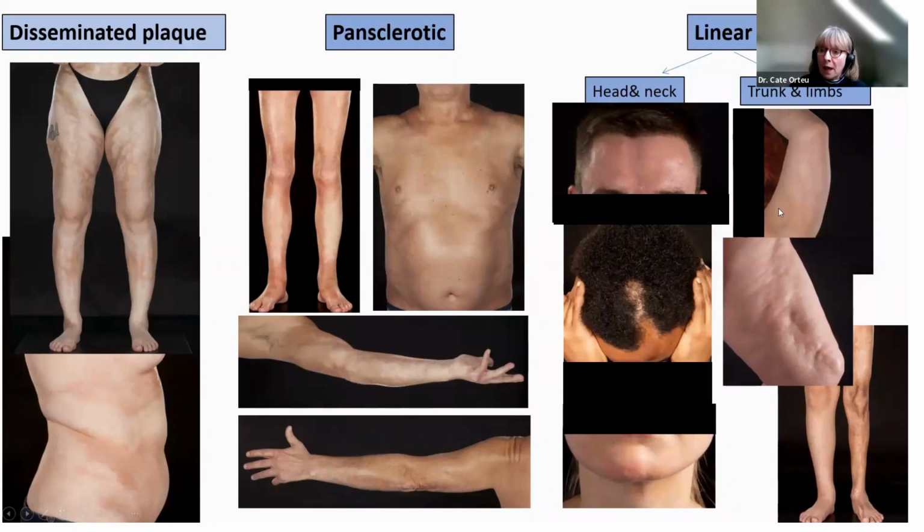In terms of the limb lesions, these are often linear bands, and I hope you can see this because at the moment my image is blocking it. But you've got a shiny white or yellowish sclerotic band with surrounding redness, and it's happening in a linear way, going in a band along the back of the arm.